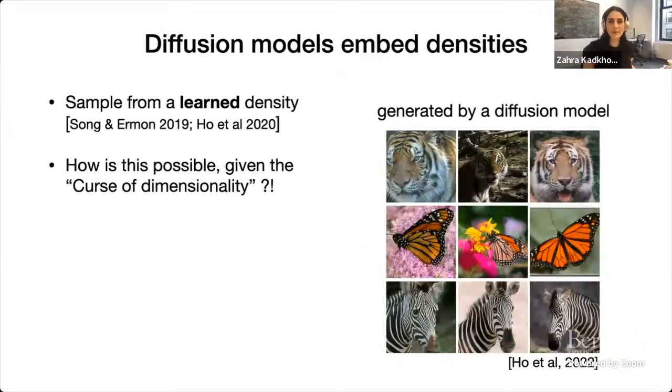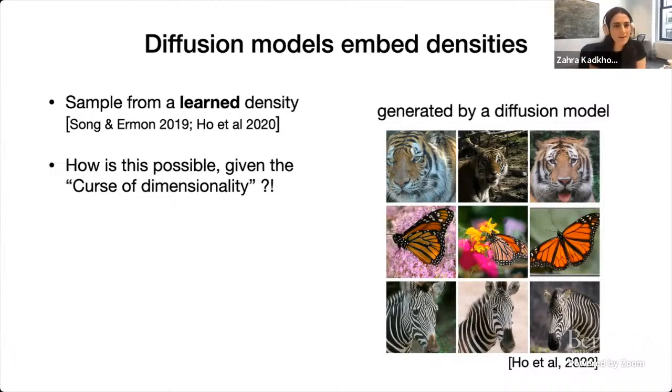So we have all seen really high quality images generated by state-of-the-art diffusion models. Here I'm showing you a bunch of those generated by a diffusion model. And we have been told that diffusion models learn densities of images through data. Now, the question is, how is that possible?